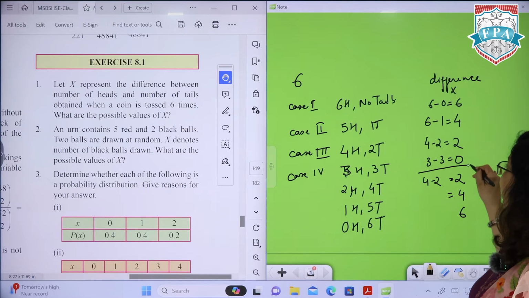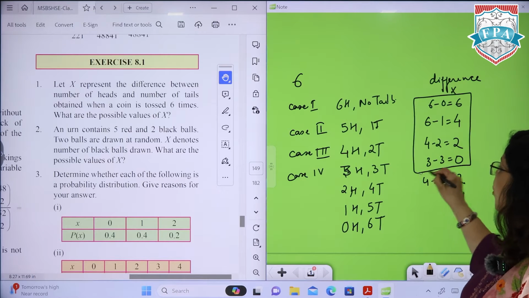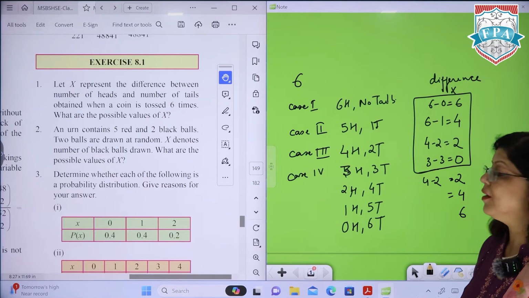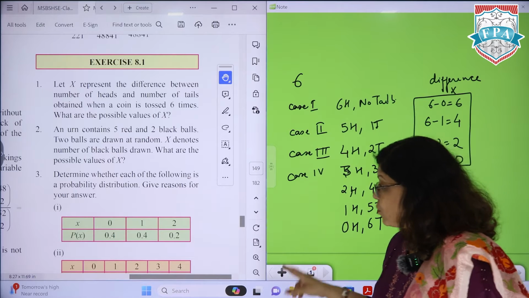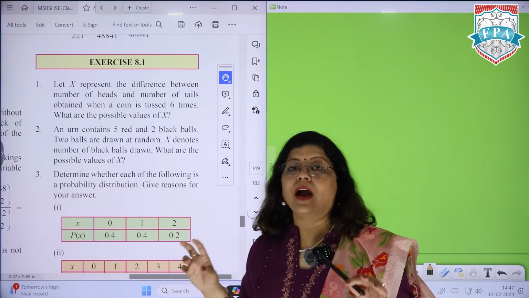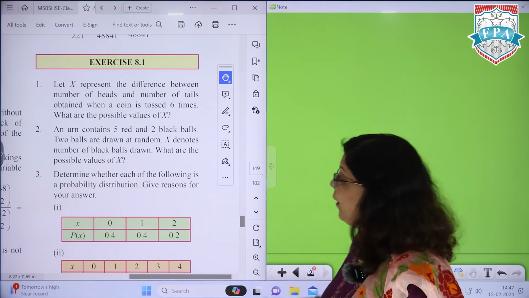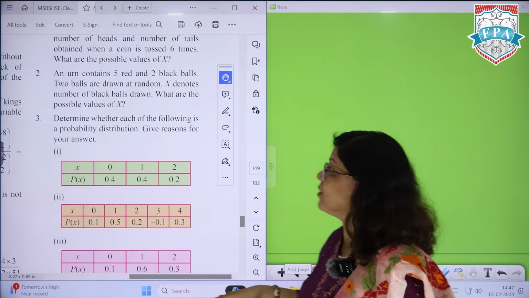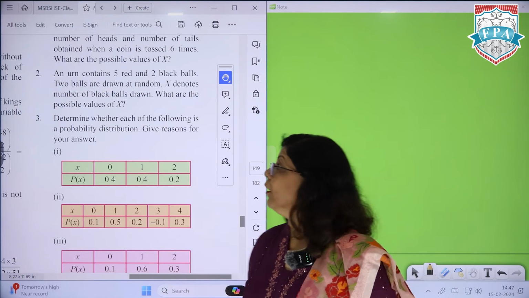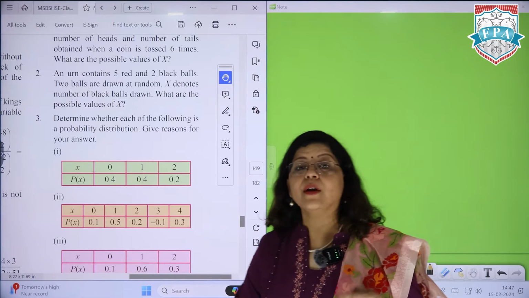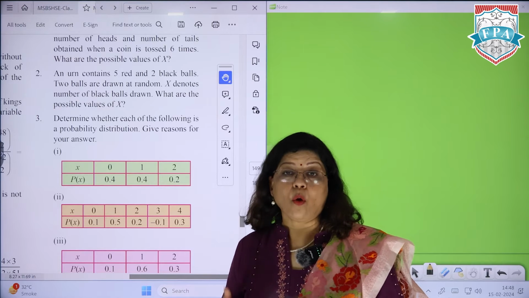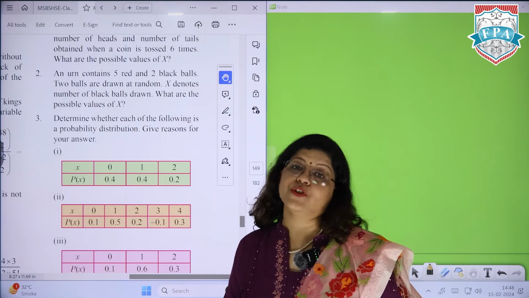We won't repeat the value in the random variable. So हमारे जो final random variables आएंगे वो होंगे 0, 2, 4 and 6. So this gives you a picture of how we calculate the random variable. Now the second kind of question is to determine whether each of the following is a probability distribution or not. I already told you there are 2 conditions which you have to see.